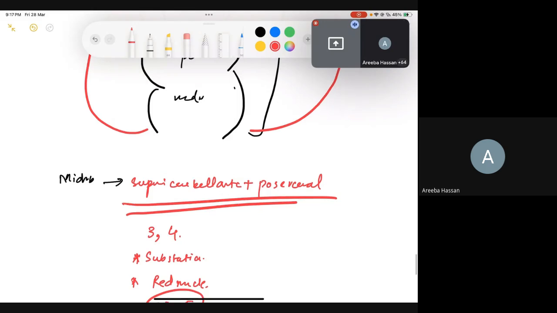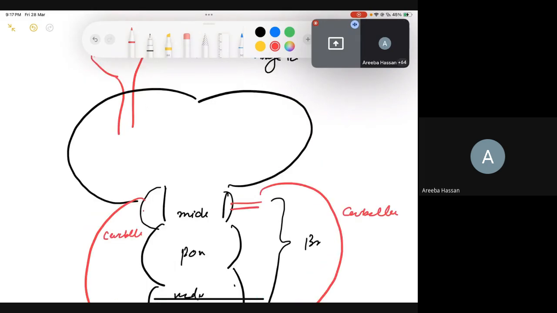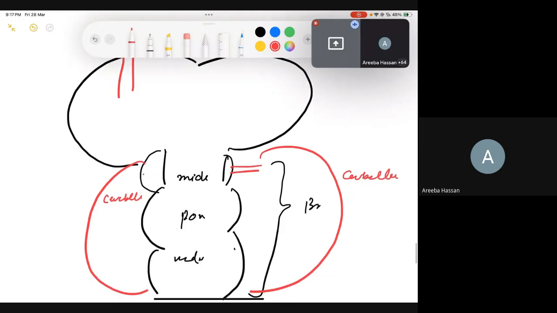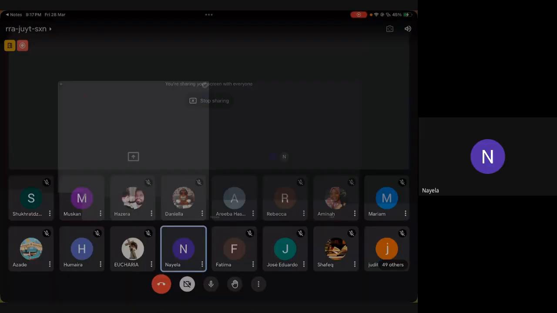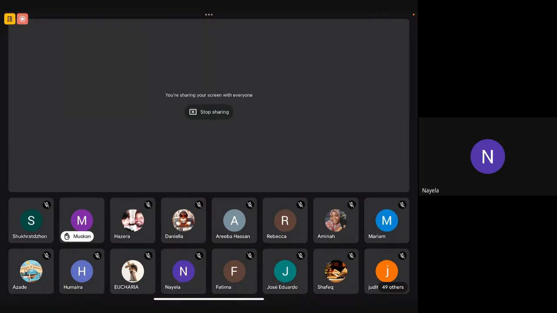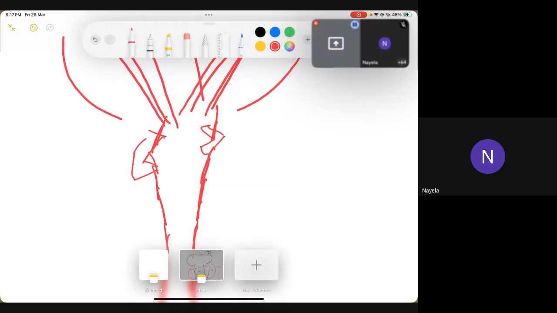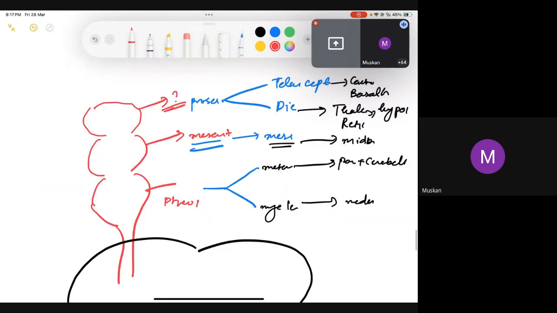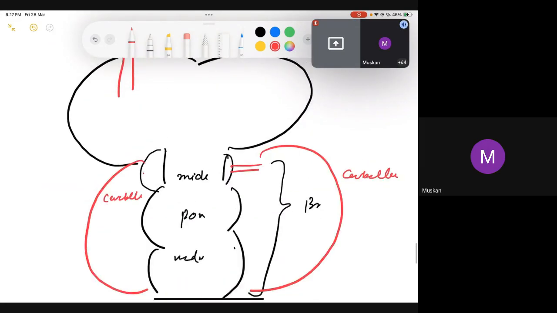If you are looking towards the dorsal aspect of your midbrain, we have 4 outgrowths: 2 superior and 2 inferior. What are the names of those?